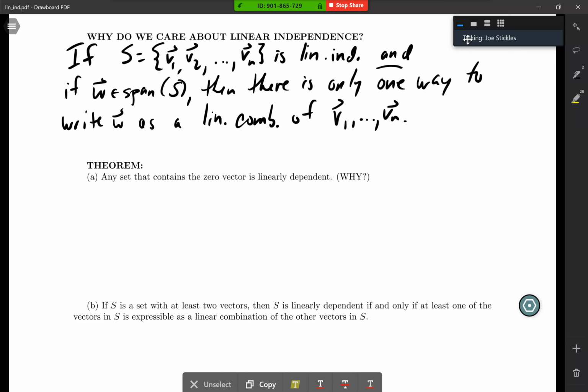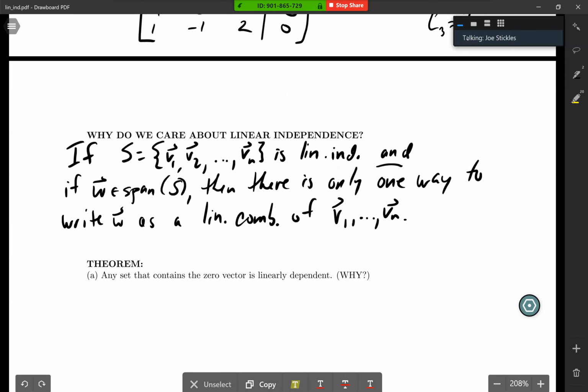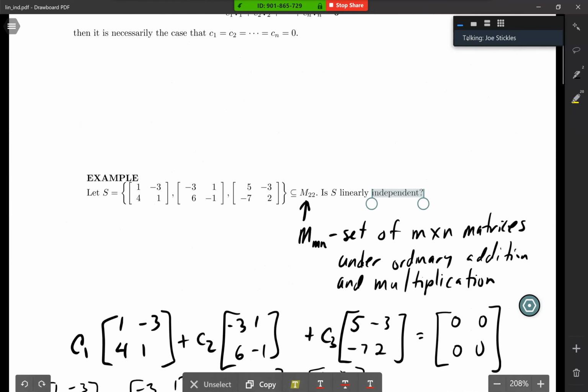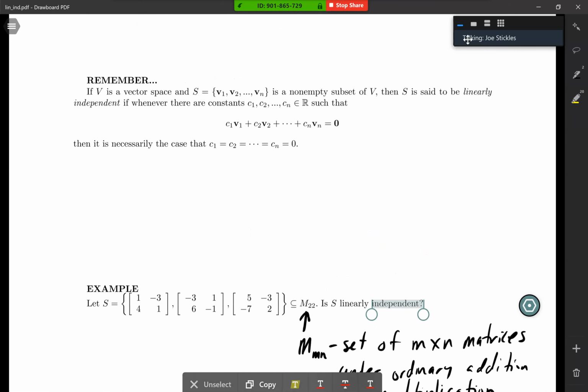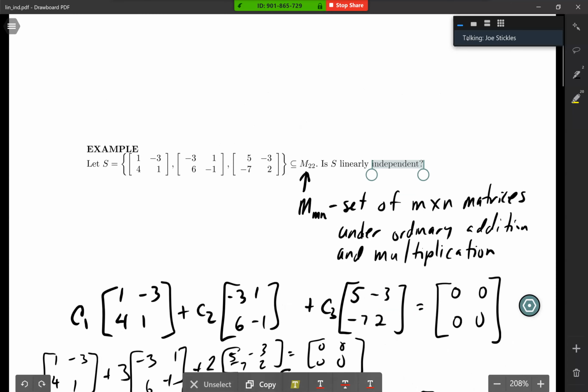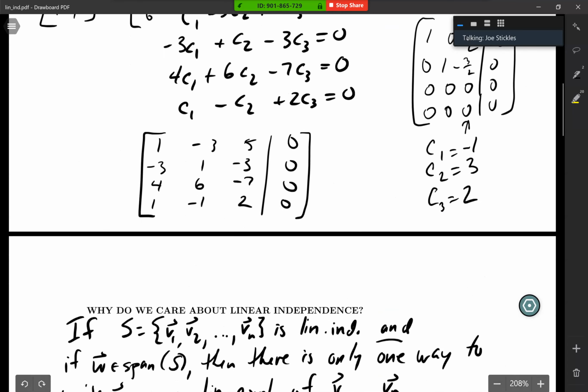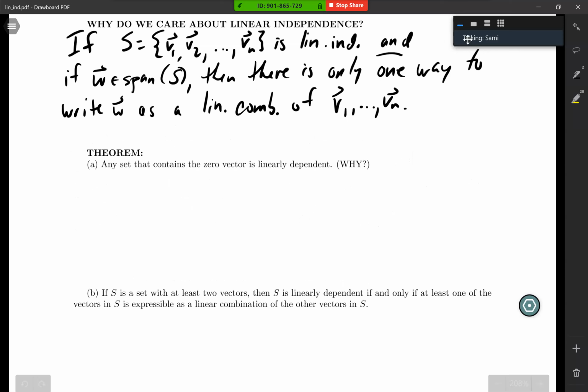Well, let's think about why that has to be the case. Remember that our definition for linear independence, let me scroll back up here again. Our definition for linear independence said that if I have a linear combination that gives me the zero vector, then all of those constants have to be zeros. Well, let's go back up to this theorem here.